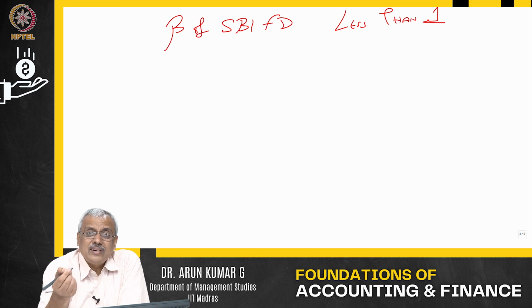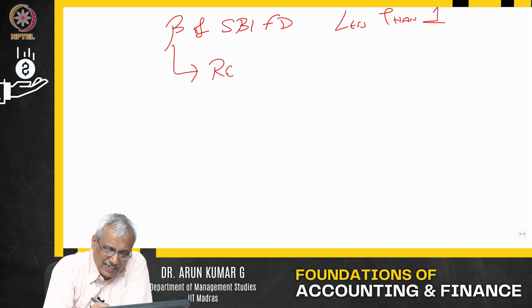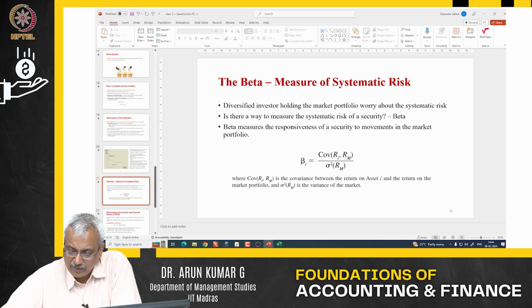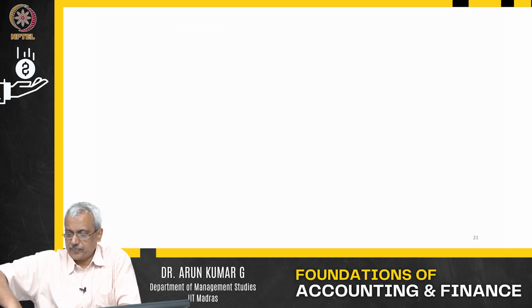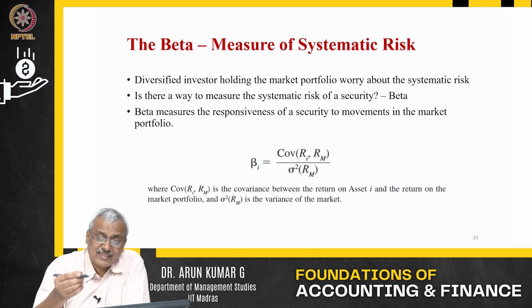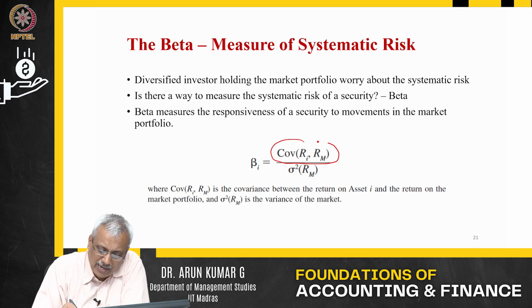So when we say beta, beta is always relative to the market. Now I go back to my slide. What are we looking at here? As you can see on the screen, beta of a particular stock is nothing but the covariance, the co-movement, of your stock with the market, divided by the variance of the market.